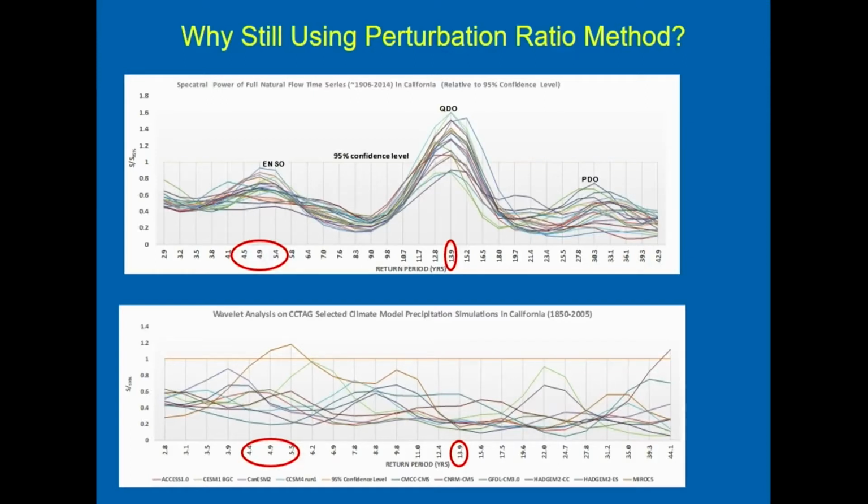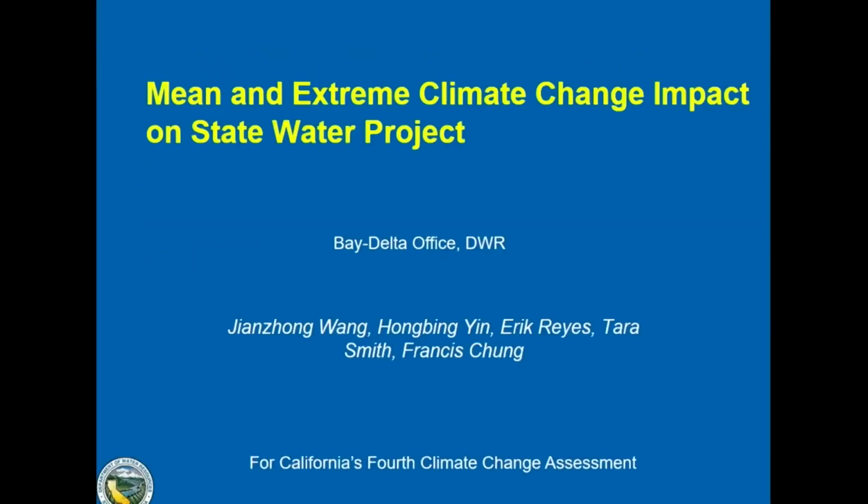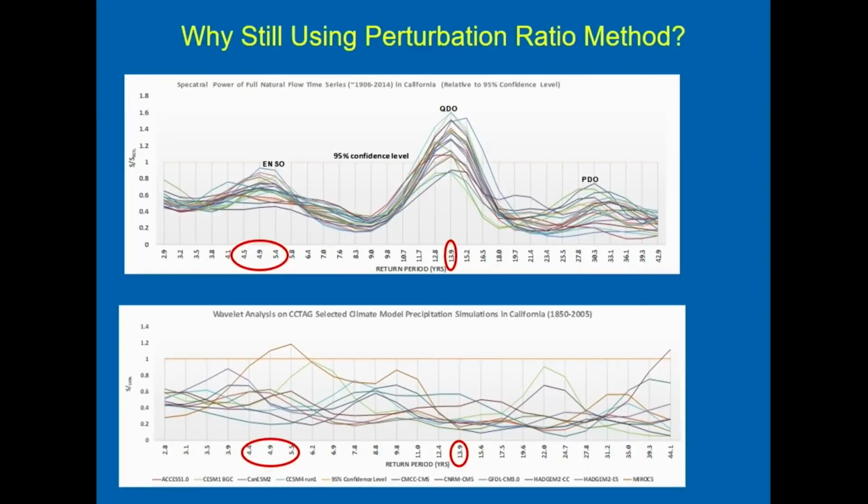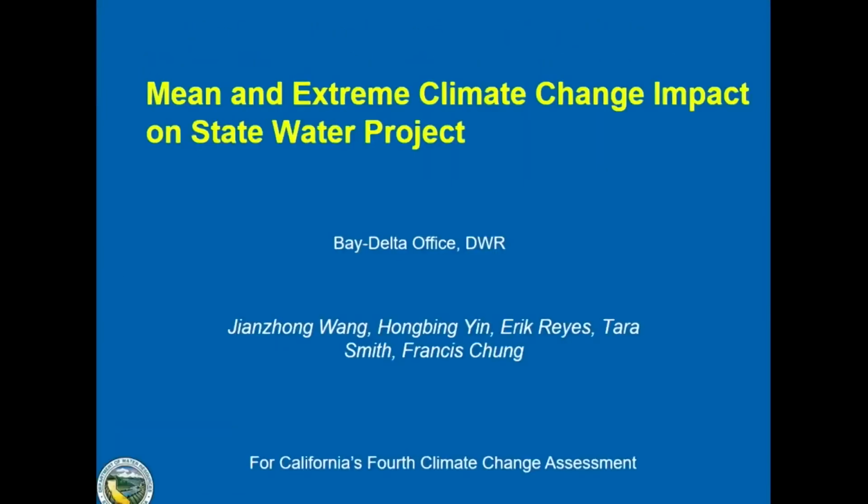This is around a 5-year return period. And QDO, people just ignore that right now, but you can see it's more significant than ENSO in affecting California.